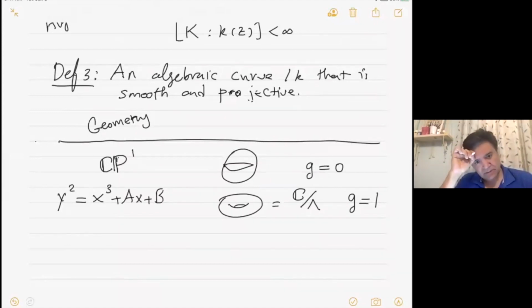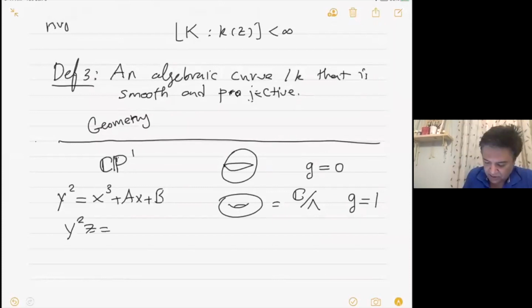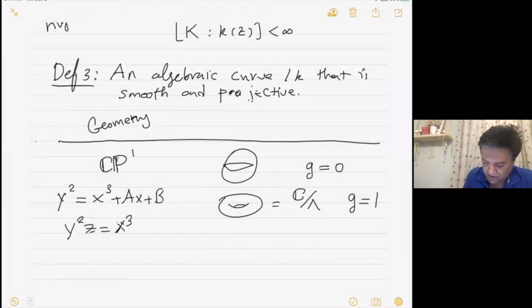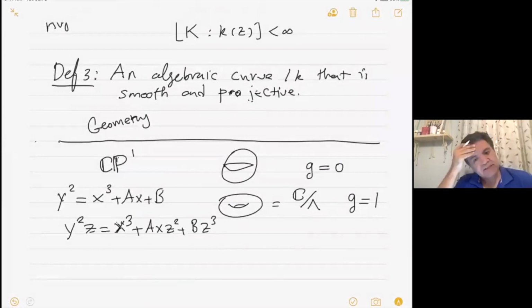If you want to make it projective, then you have to homogenize this and write y squared z equals x cubed plus a x z squared plus b z cubed. In order for this to be non-singular, to be smooth, you need to assume that 4a cubed plus 27b squared is non-zero.